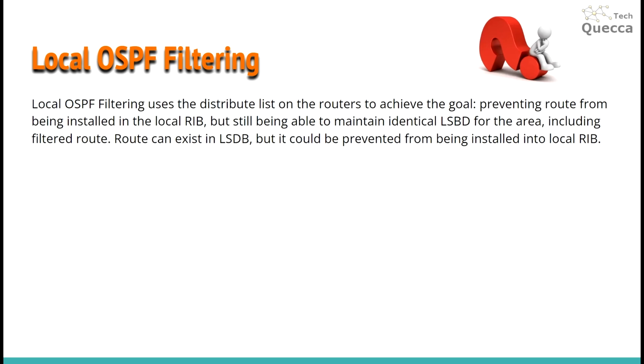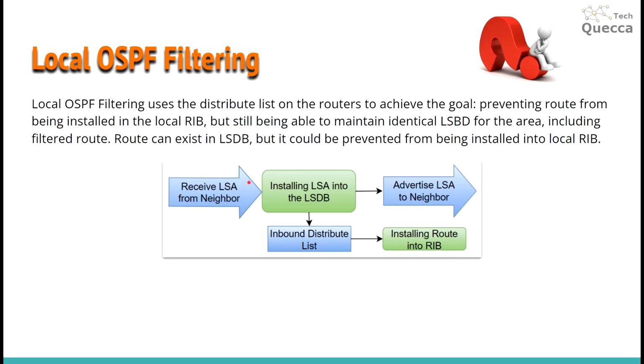Let's review this diagram. When a router receives an LSA from a neighbor, it installs this LSA into the LSDB and then processes the inbound distribute list. If the inbound distribute list denies the route from being installed in the routing information base, then the routing information base on the router is missing this route.